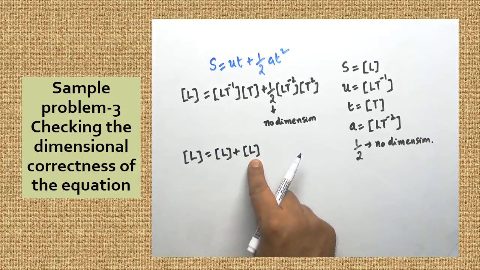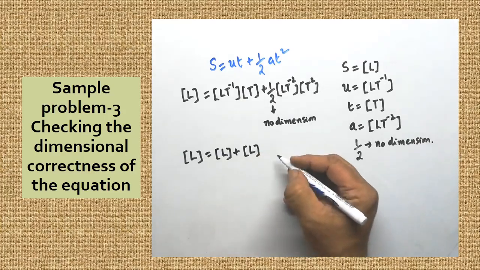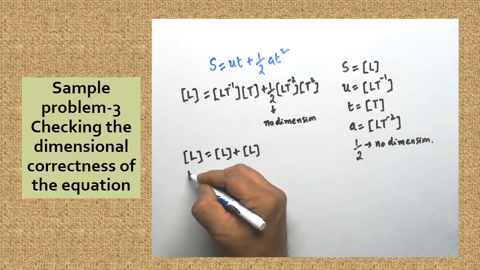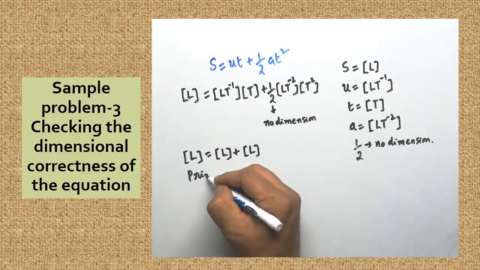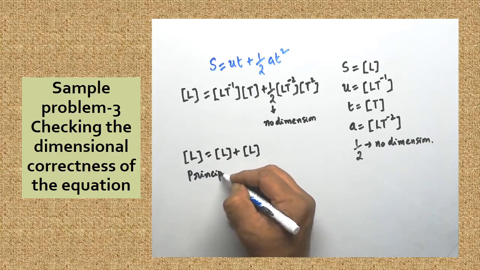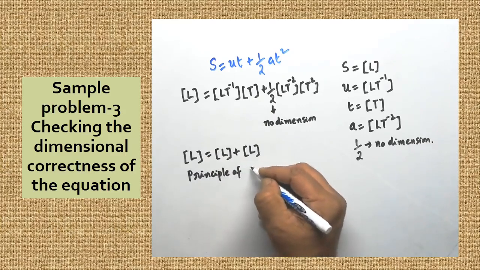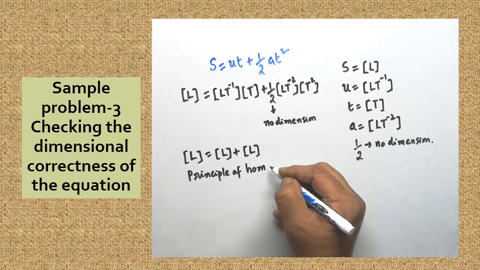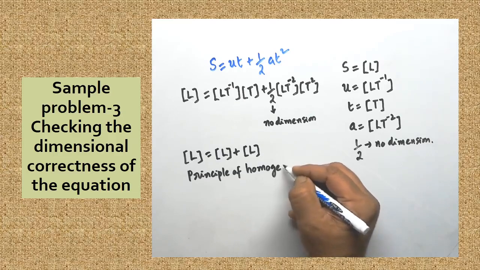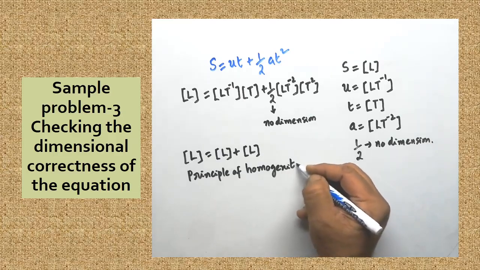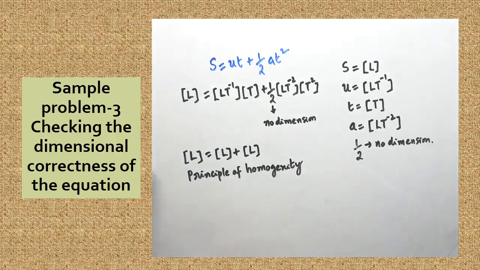As we have done in the previous problem, we have to use the principle called, what is this? Principle of homogeneity. You have to check it up. This principle must be applied here. What does the principle of homogeneity say? We have to check whether the dimensions of LHS quantities and RHS quantities are same or not.